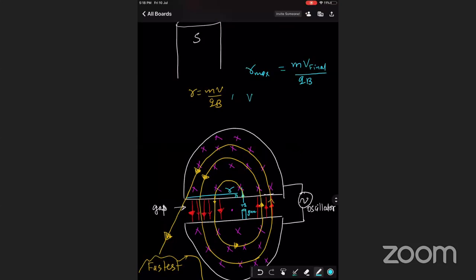So we can say that final velocity is R max QB by M. This is final velocity, right?